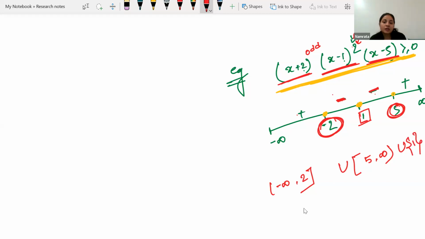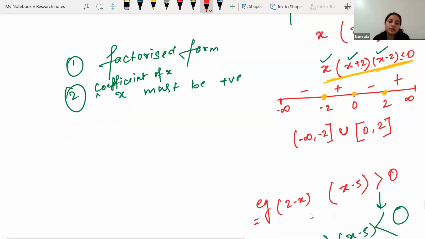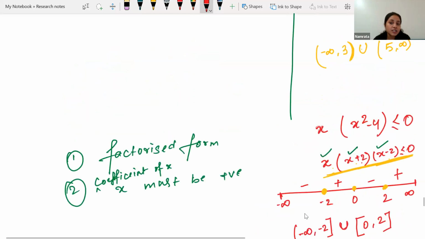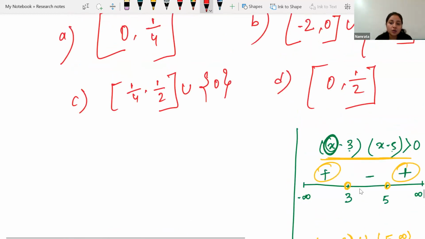Okay. Now the next question where we will be using all the conditions. So let me write the steps. Wavy curve method suggests that we must have factorized form. Previously, why we have not just checked the power? Because here all the powers are odd. Odd power, odd power.